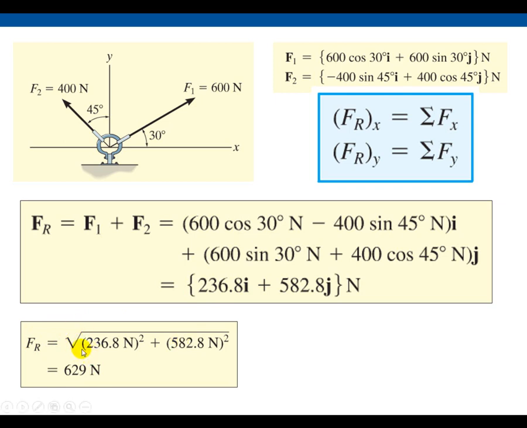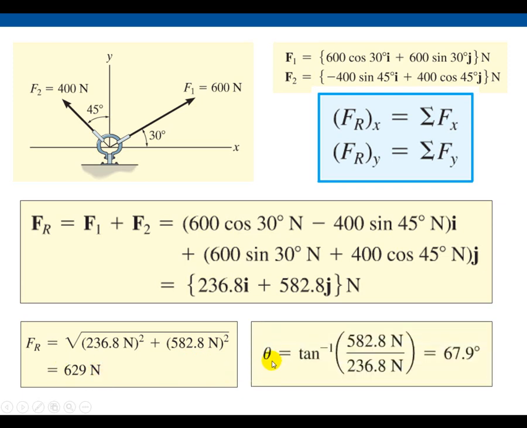So just the square root of 236.8 squared plus 582.8 squared, which means 629 Newton. The direction is theta. We can use arctangent. So arctangent of 582.8 divided by 236.8, which means theta is 67.9 degree.